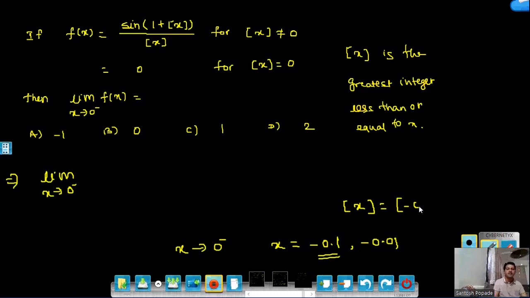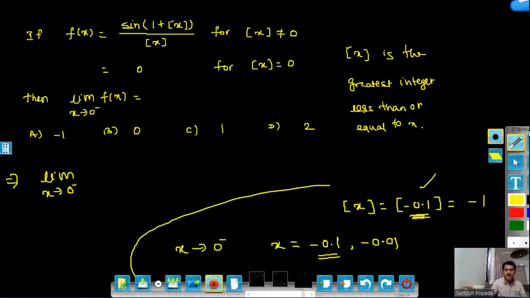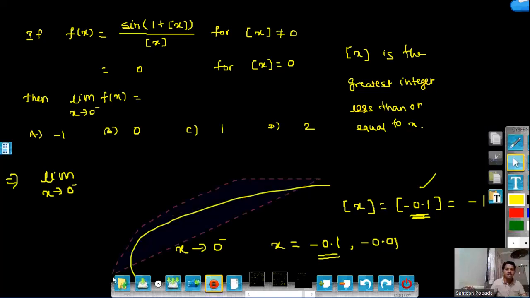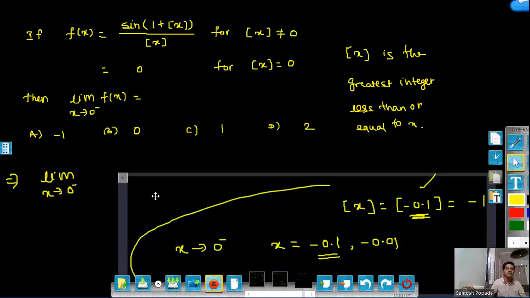The greatest integer less than -0.1, what is that? It is -1. The greatest integer less than -0.01 is also -1. Hope you are getting what I am saying. Means if x is tending towards 0 from the left side, it is close to 0 and negative, so its greatest integer value will be -1 always.